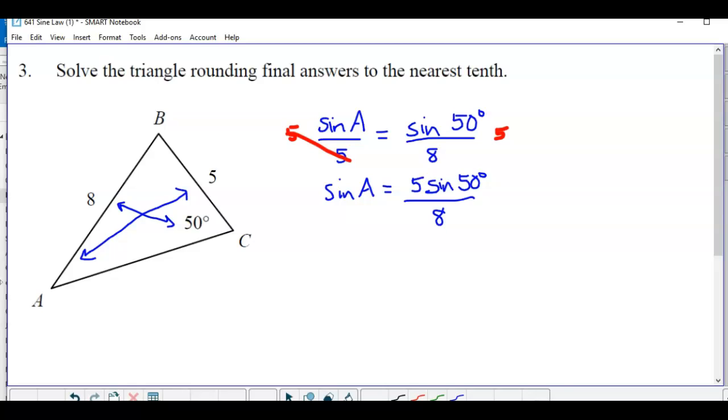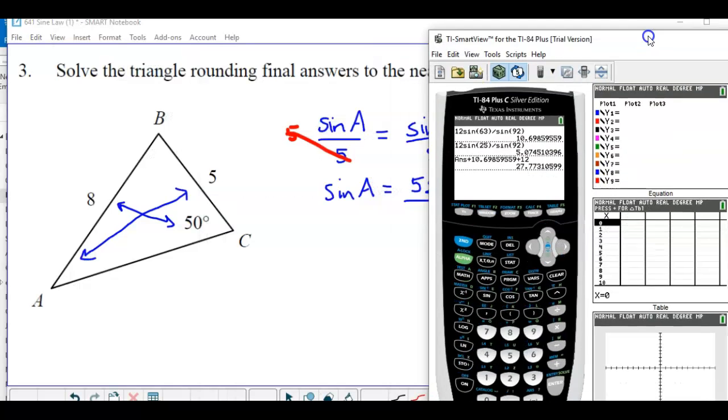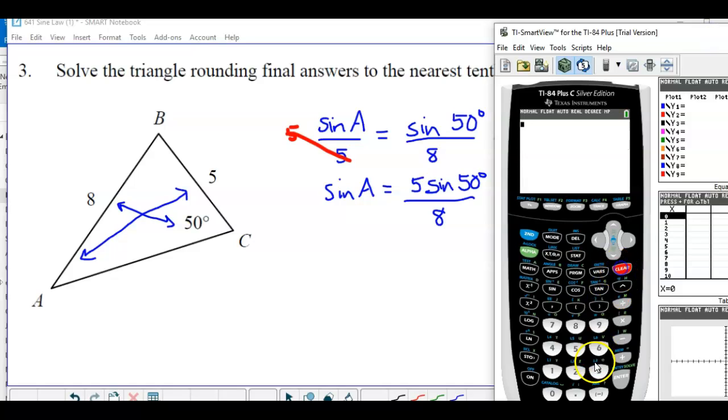Divide by 8. So then calculator: 5 sine of 50, close the brackets, and then divide by 8. Or if you have the ability to do a fraction, you can go 5 sine 50, then denominator is 8. And that is the value of the ratio.